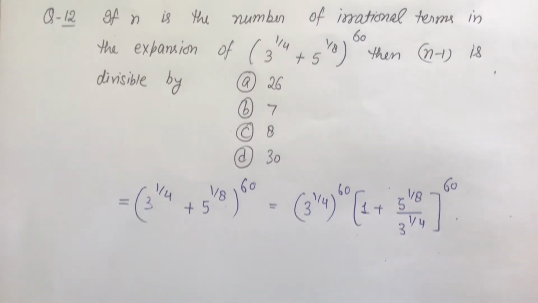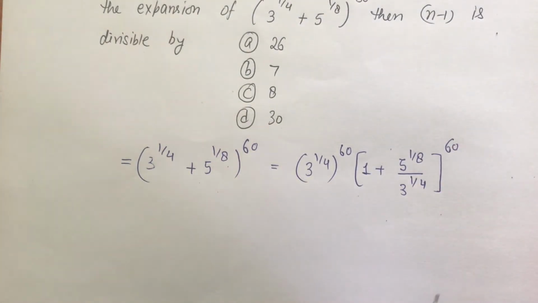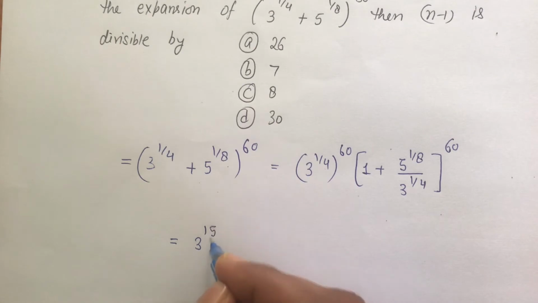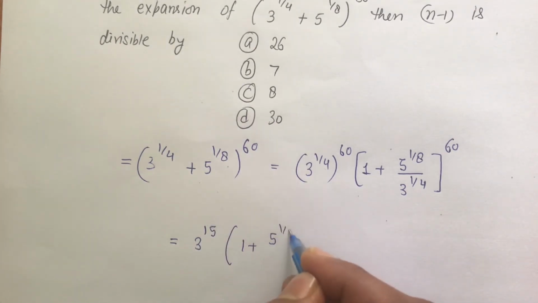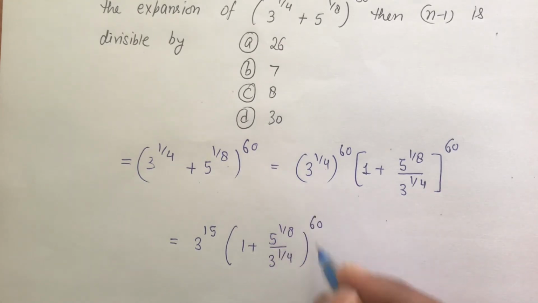Now this is (1 plus x) raised to the power n form. So 3 raised to the power 15 is a rational number, and this is basically (1 plus 5 raised to the power 1 upon 8 upon 3 raised to the power 1 upon 4) raised to the power 60.